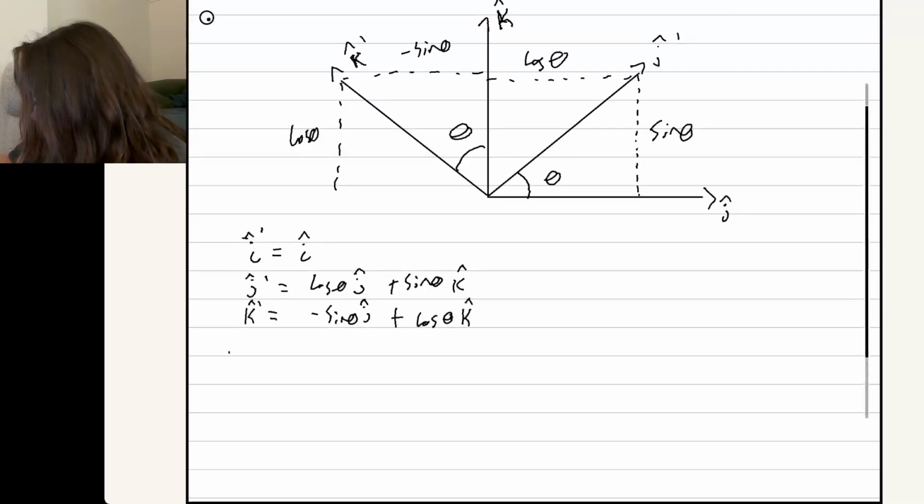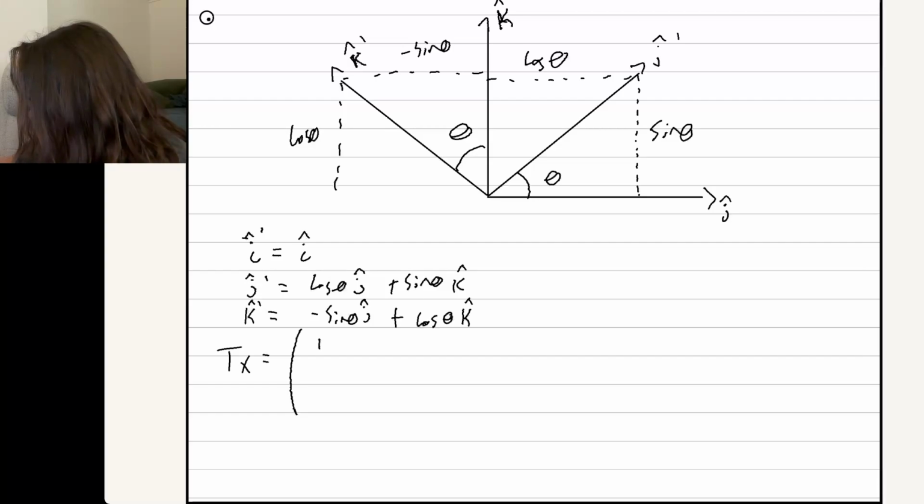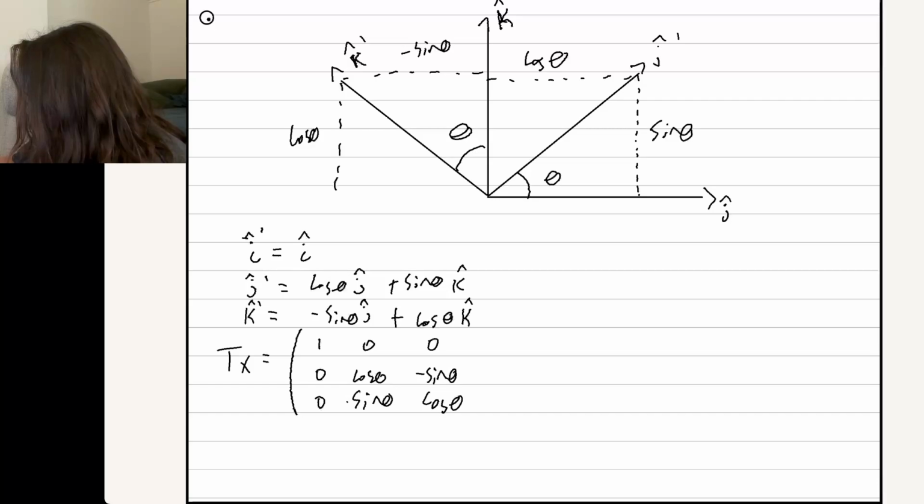Then we can quickly construct this rotation matrix, just by going down the columns. So i hat prime is 1, 0, 0. J hat prime is 0, cosine theta, sine theta. And then k hat prime was 0, minus sine theta, cosine theta.